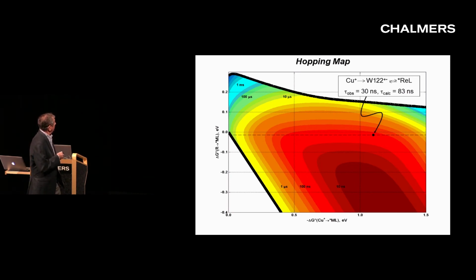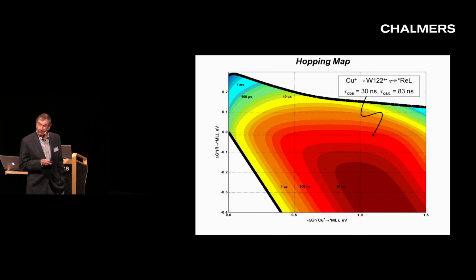On the vertical axis, the driving force to get the hop. On the horizontal axis, the overall free energy driving force for the reaction. And we predicted in this first hopping map that we could predict the hopping advantage in this model system almost to within a factor of 2, a remarkable thing based on our fundamental ones.